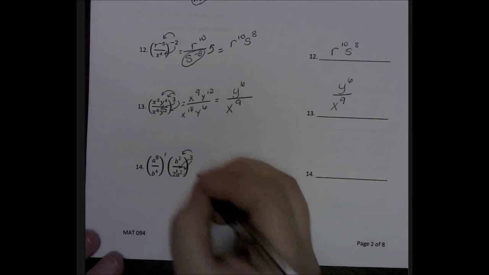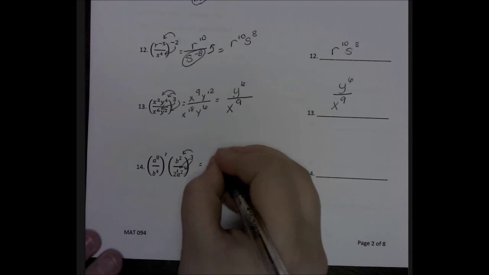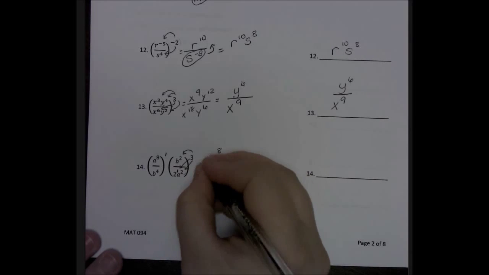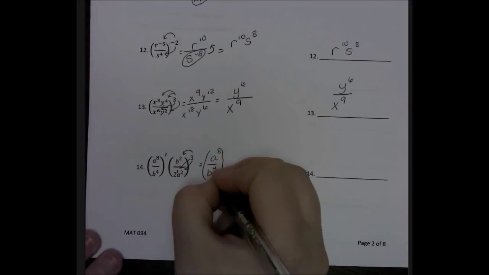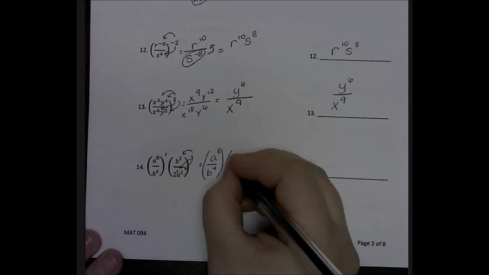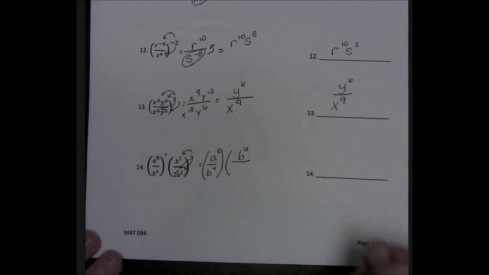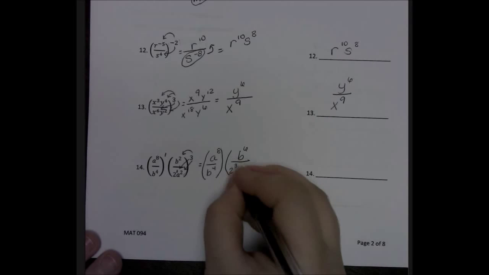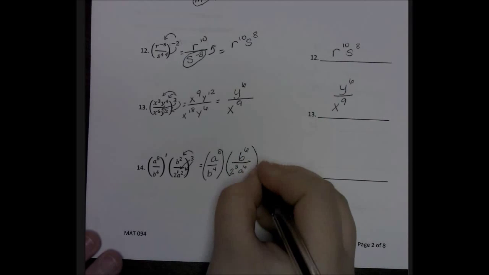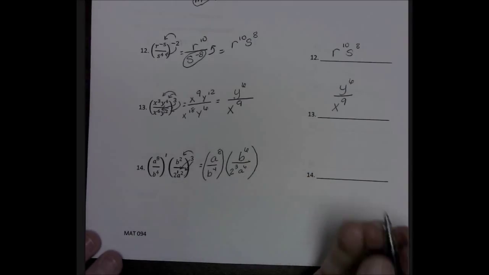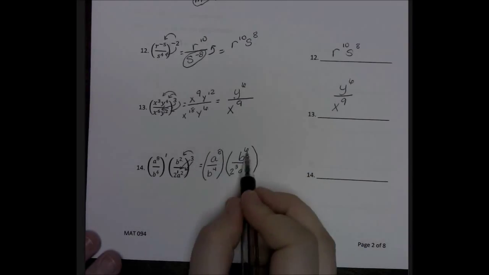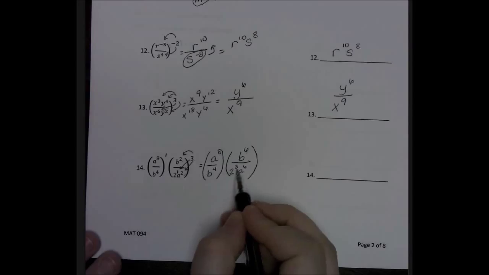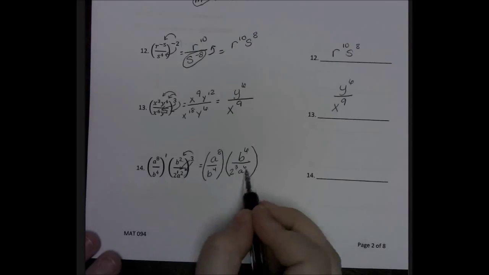So I'm left with a to the 8 over b to the 4, and then b to the 6th over 2 to the 3rd, a to the 6th. Got that because 3 times 2 is 6, 3 times 1 is 3, 3 times 2 is 6.